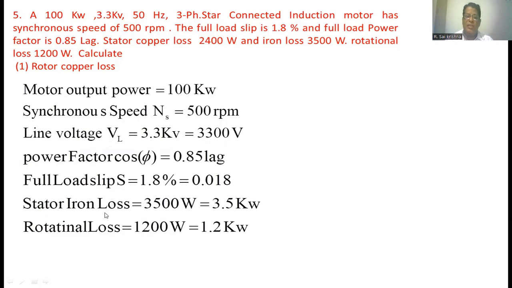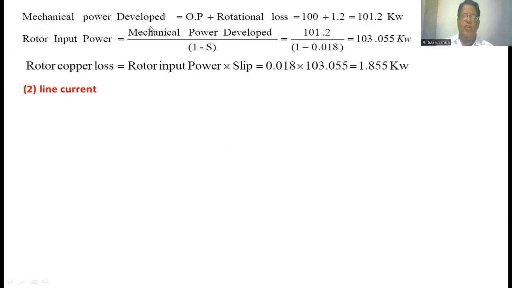Stator iron loss is given as 3500 watts, which we can write as 3.5 kilowatt. The rotational loss is given as 1200 watts, which we can write as 1.2 kilowatt. The mechanical power developed in an induction motor equals output power plus rotational losses.